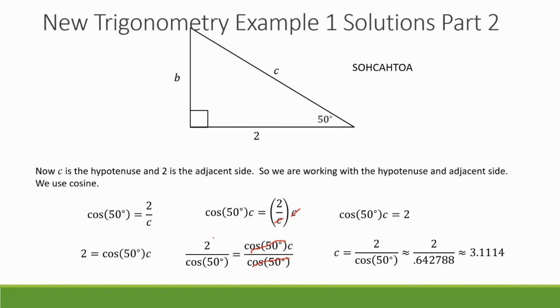On the other side, you get 2 divided by cosine of 50 degrees, as you can see. So we have C equals 2 divided by cosine of 50 degrees. And again, you can use a calculator, right? That's how I got cosine of 50 degrees down here.